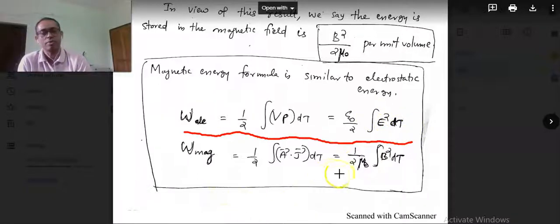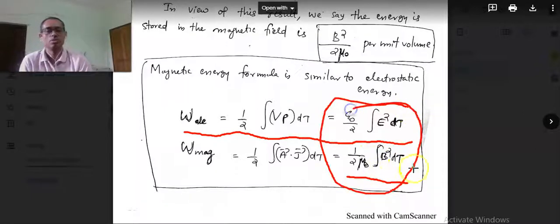For the magnetic field, we have got 1 by 2 mu 0 integral B square d tau. So these two are similar expressions. Here we had epsilon 0, here we have 1 by mu 0. So we are getting similar expressions for the energy stored in the electrostatic field and the magnetic field.